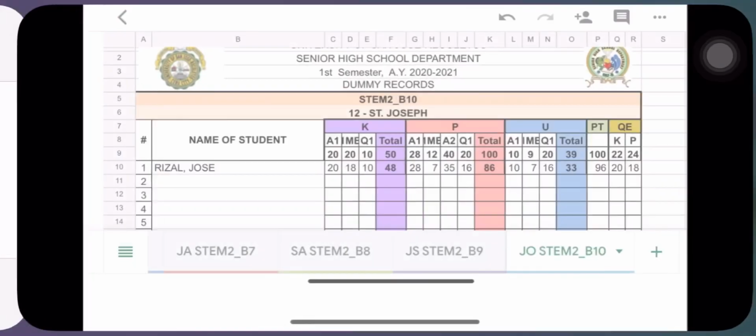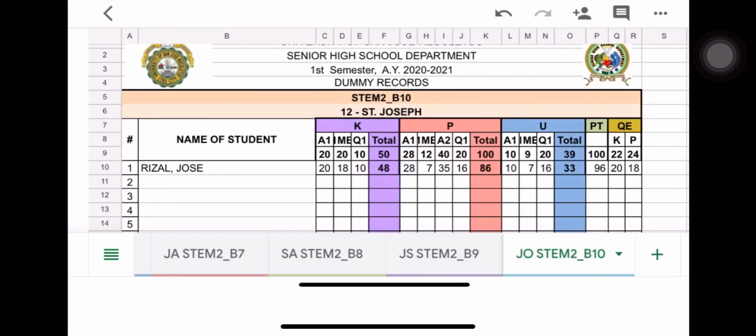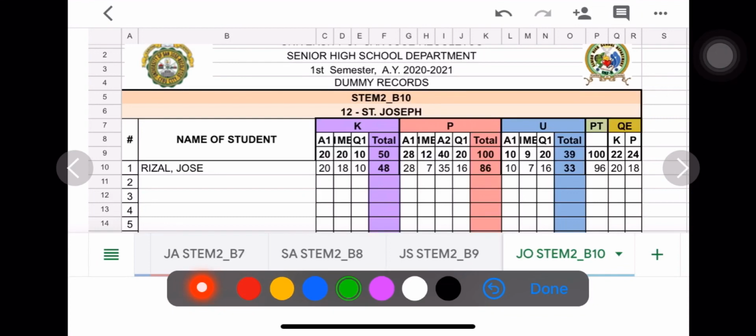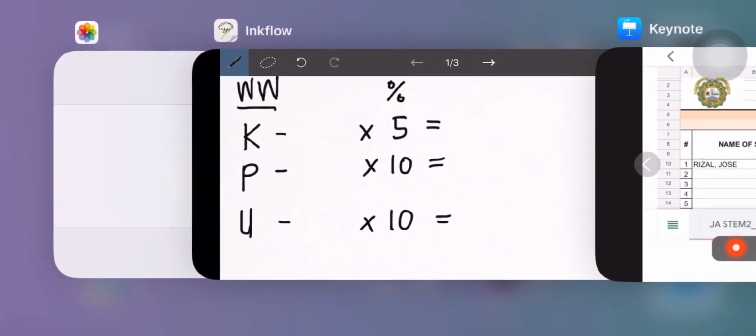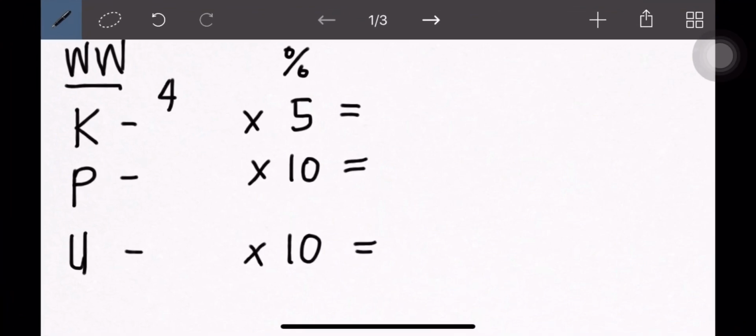Okay, so let's focus on the knowledge. So Rizal Jose has a total of 48 over 50 for the knowledge in written works. So we're gonna put 48 over 50 and then multiply that by 5 because the written works in knowledge is only 5%. Okay, so let's try to calculate in our calculator.